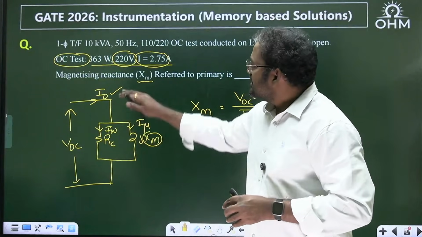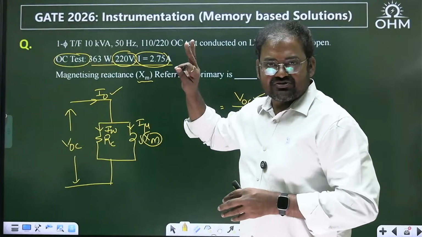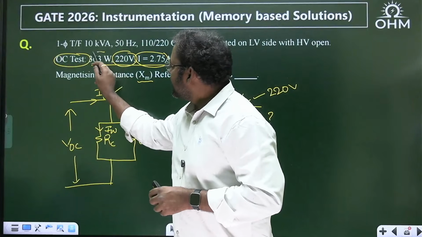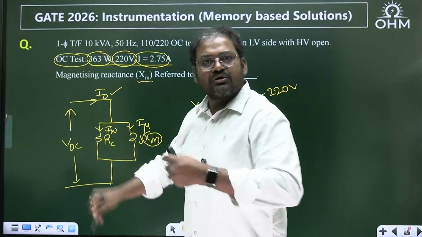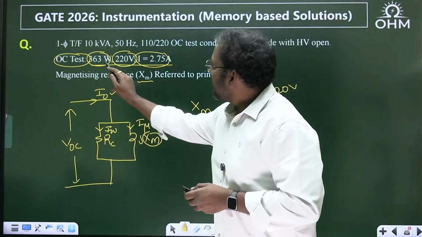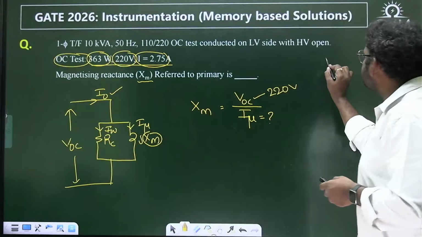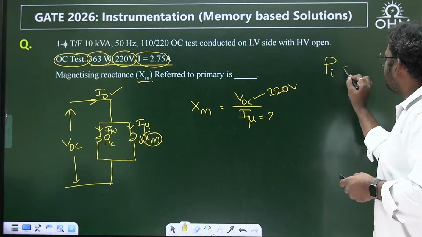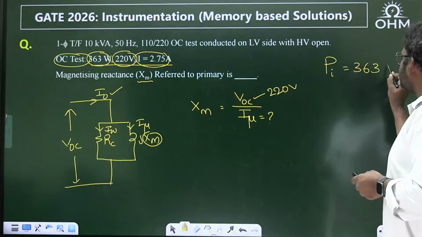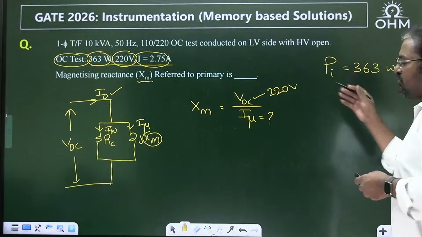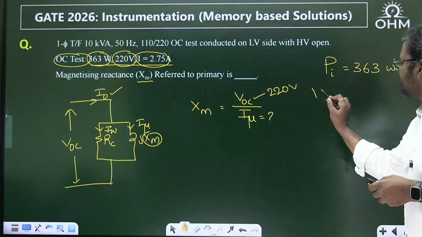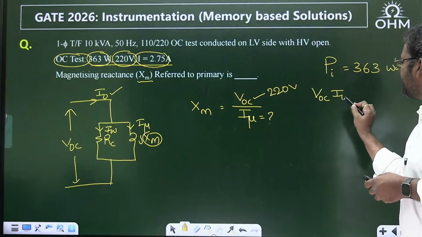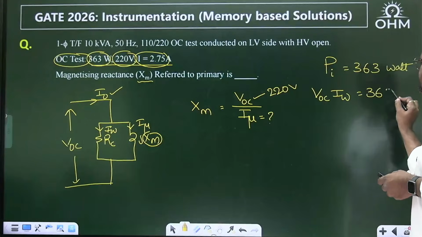During open circuit test, we know the entire active power drawn by the transformer is equal to iron loss, right? So what is the magnitude of iron loss? 363 watts. Iron loss is equal to 363 watts. And what is the iron loss formula? It is simply VOC into IW, which is equal to 363 watts.